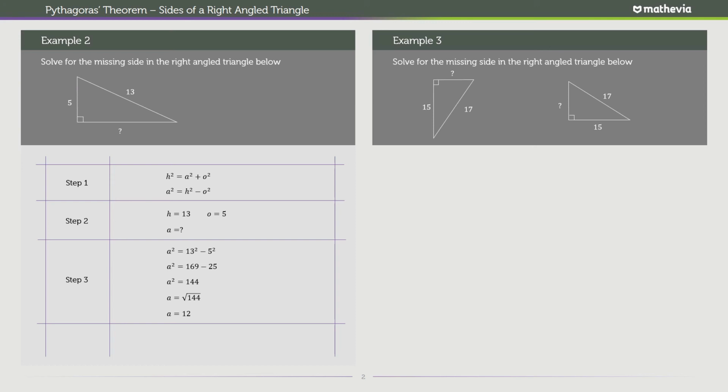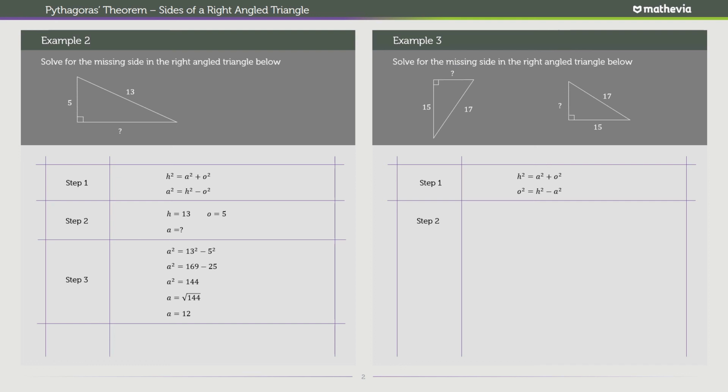You can now see clearly that you're looking for the opposite. You have the hypotenuse as 17, and the adjacent as 15, and you just go ahead and apply the same formula. This time we're looking for the opposite. We have that o squared equals h squared minus a squared.